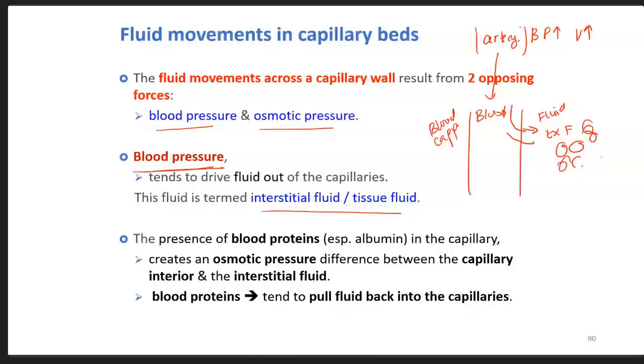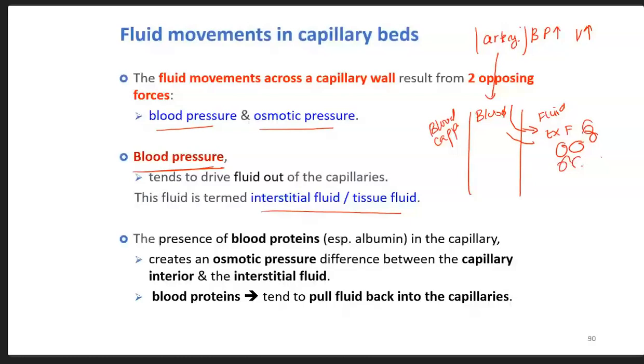This will cause your tissue to swell and lead to edema, for example. So this excessive fluid needs to return back to your blood circulation through the lymphatic system.